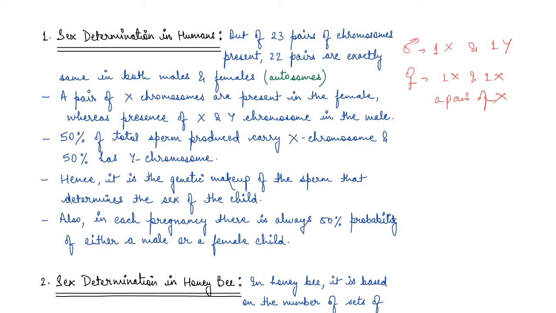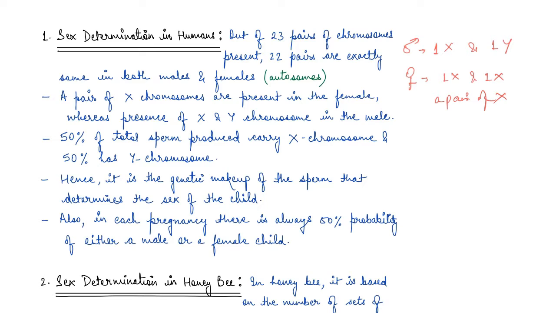The 23rd pair in the case of females is a pair of X chromosomes and in the case of males is X and Y chromosomes, right? So 50% of the total sperm produced carry X and the other 50% carry Y, right? That is why the genetic makeup of the sperm determines the sex of the child.